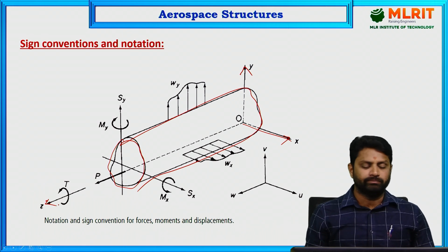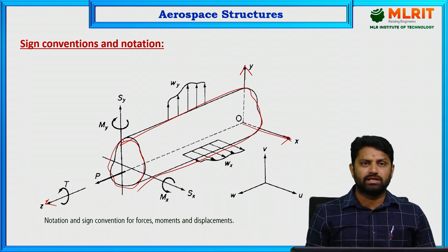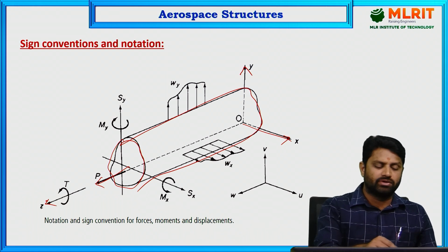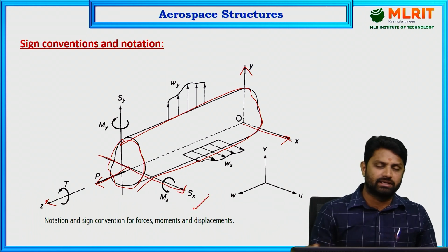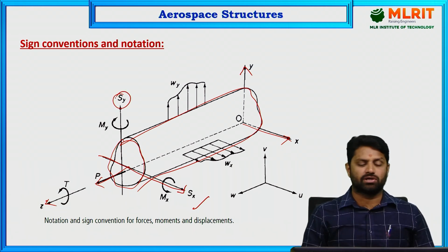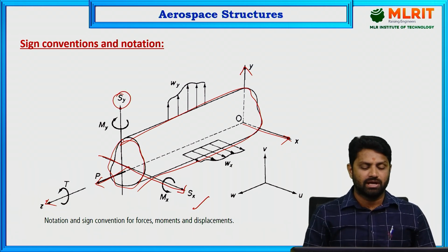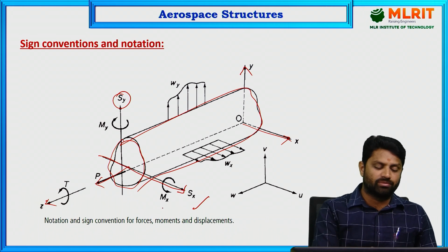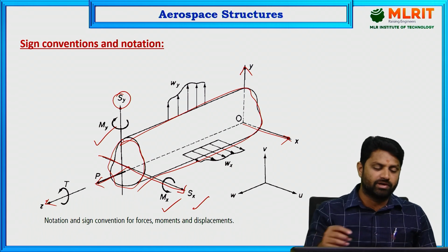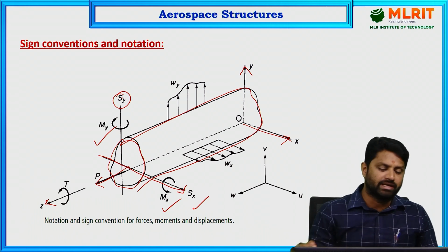And then you can see the loads that are acting here. P is the axial load that is acting, Sx is the shear load acting parallel to the x direction, and Sy is the vertical shear load acting parallel to the y direction. You can see the two bending moments mx and my: mx is applied on a plane parallel to the x axis, and my is applied on a plane parallel to the y axis.